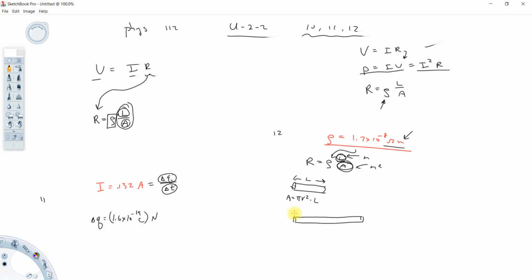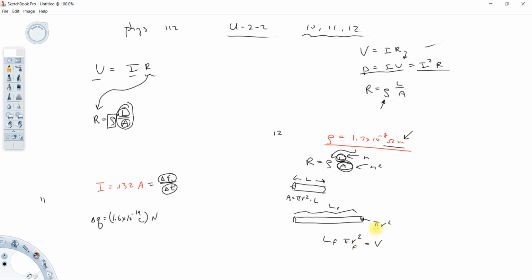So they gave you a new length. I'll put L final. You have a new area, which is going to equal pi r squared. Now that radius is going to be different than it was before. But the volume, which is our final length times pi r final squared, is going to stay the same.